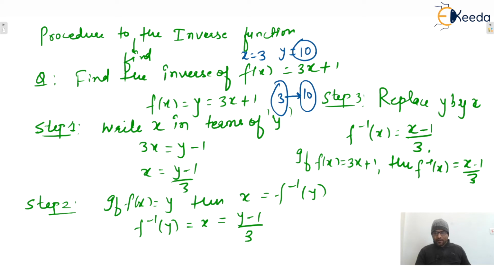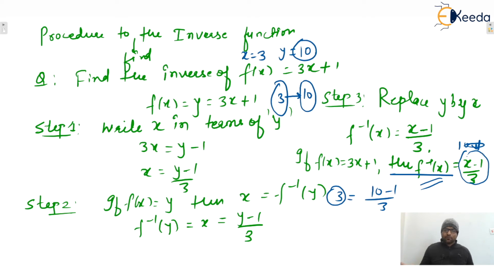Now put 10 in the inverse function: x equals 10 minus 1 divided by 3, that will be 3 only. So if we put x equals 10, then the output will be 3. You can take any example.